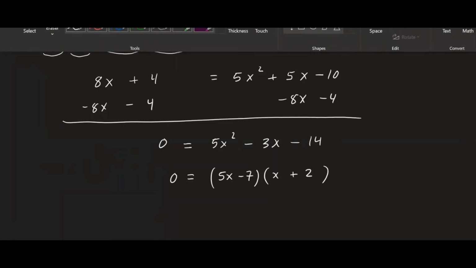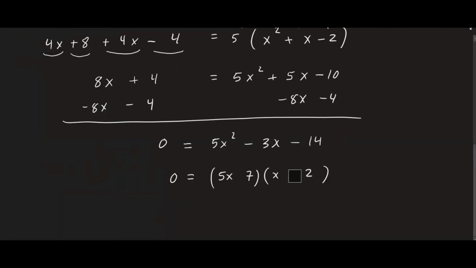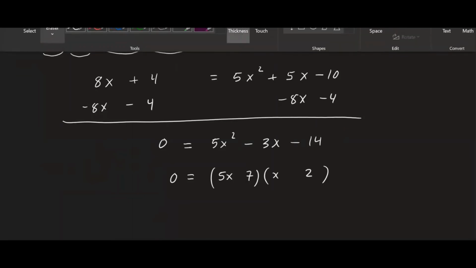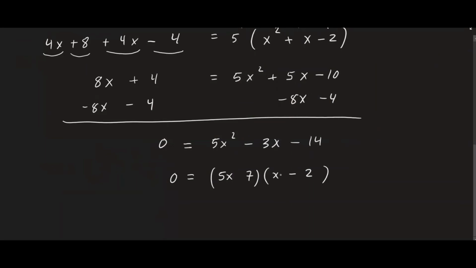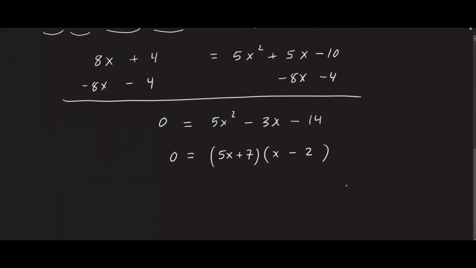Now watch if I do the following. If I pick this one to be negative 2 and positive 7, that's going to work. Okay, so check it out. If you redistribute, so check. Of course, I'm using guess and check to come up with the factors. You can use any technique you're comfortable with for factoring.